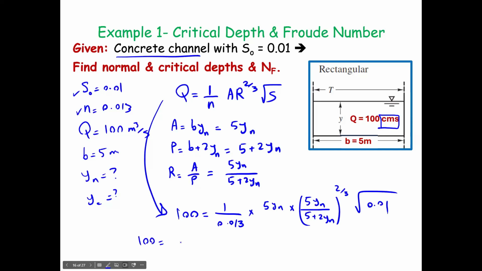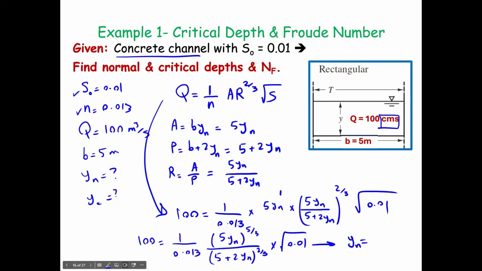There's another version that you can write, which is this one. If you look at it, you have 1 here, 2/3 here. So you can say 5YN to the 5/3 over 5 plus 2YN to the 2/3, multiplied by this one. Let me see if you can find the YN using your calculators.